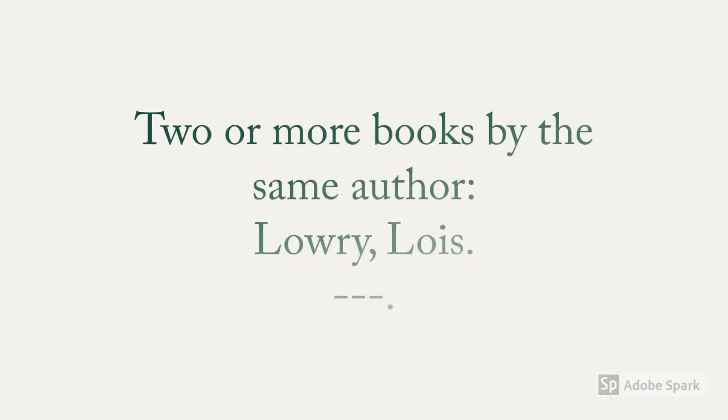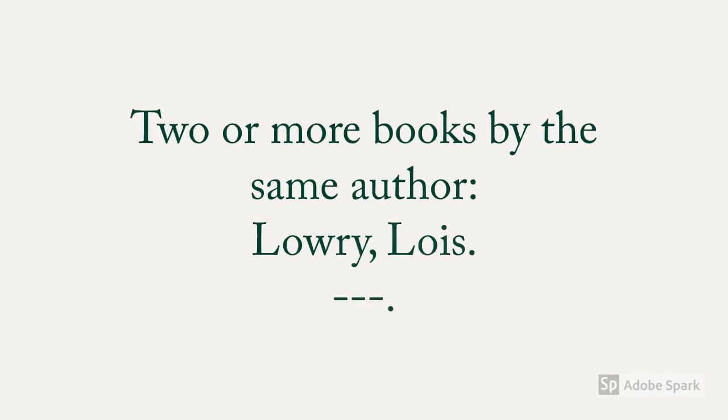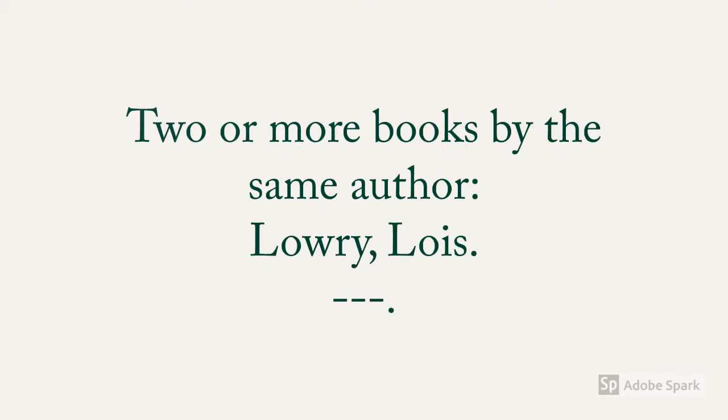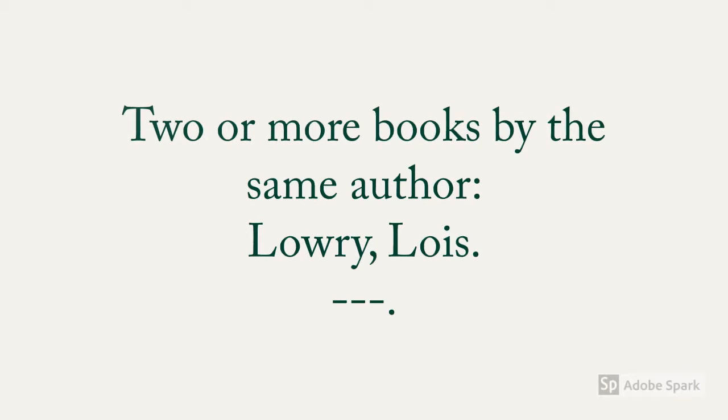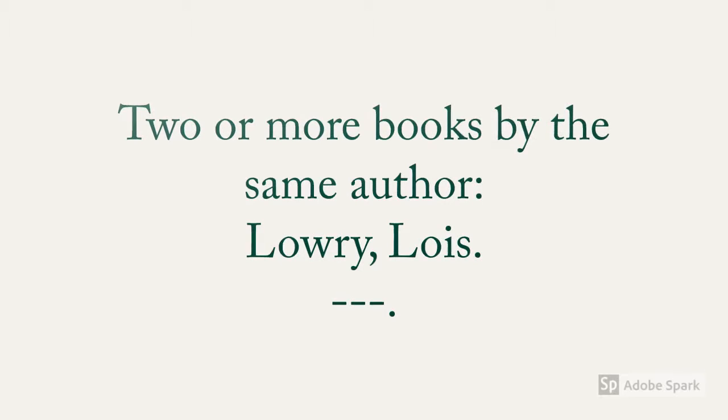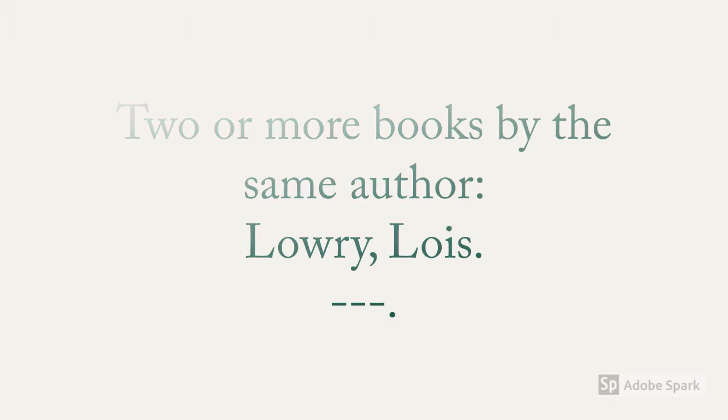Another common circumstance is utilizing more than one book by the same author in your research. When this is the case, the author's name is listed as usual for the first citation. For consecutive works by this author, which are listed directly after the first entry, the author's name is replaced by 3 dashes and a period.